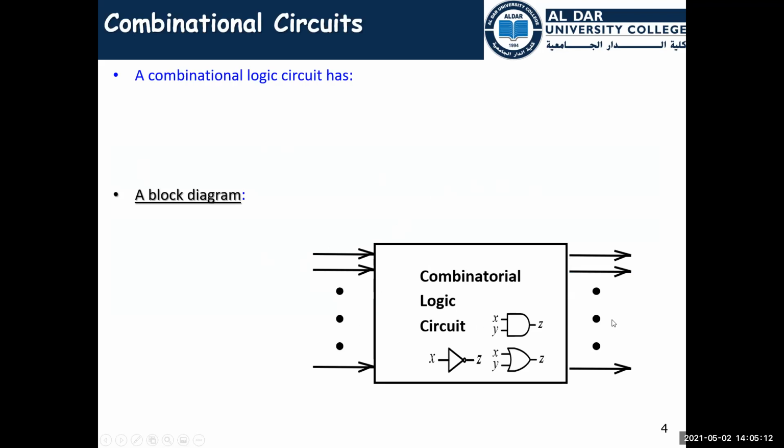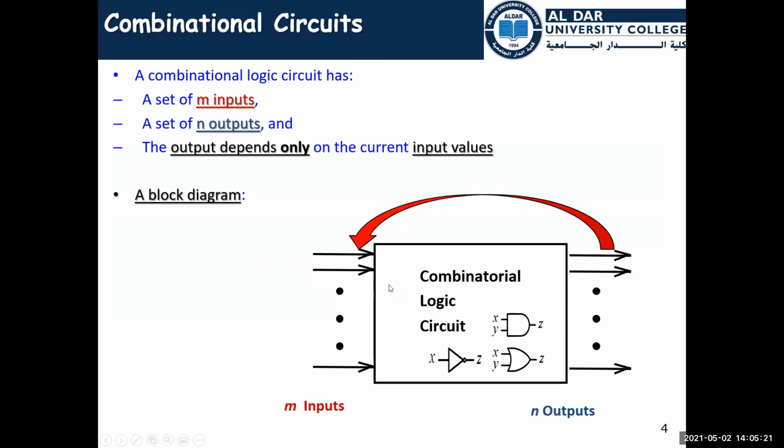We have an input, we have output, we have M inputs here, and we have M outputs, and the output depends only on the input, nothing else. You change the input, the output will be changed accordingly. No states, no feedback, no cycles. This is the combinational circuits.